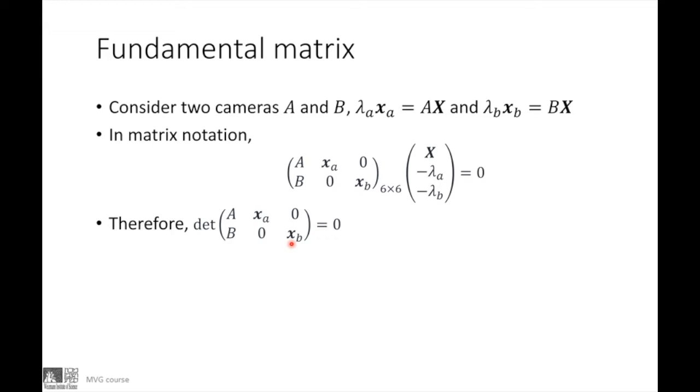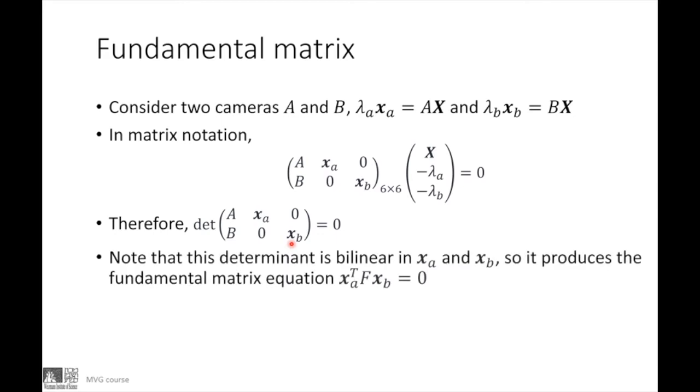That's how you build a determinant. So in particular, the determinant will be linear in the components of x_A and linear in the components of x_B. Together, it will be bilinear in x_A and x_B.